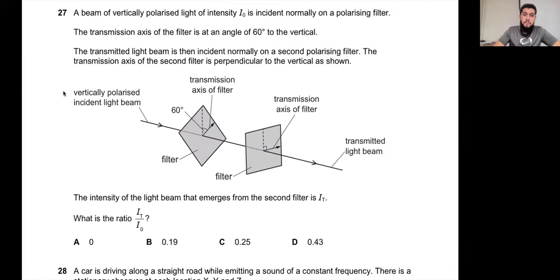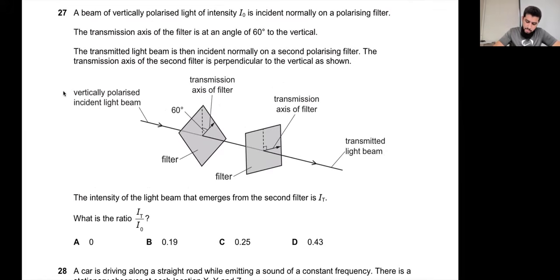A beam of vertically polarized light of intensity I0 is incident normally on a polarizing filter. The transmission axis of the filter is at an angle of 60 degrees to the vertical. The transmitted light beam is then incident normally on a second polarizing filter. The transmission axis of the second filter is perpendicular to the vertical, so it's horizontal.